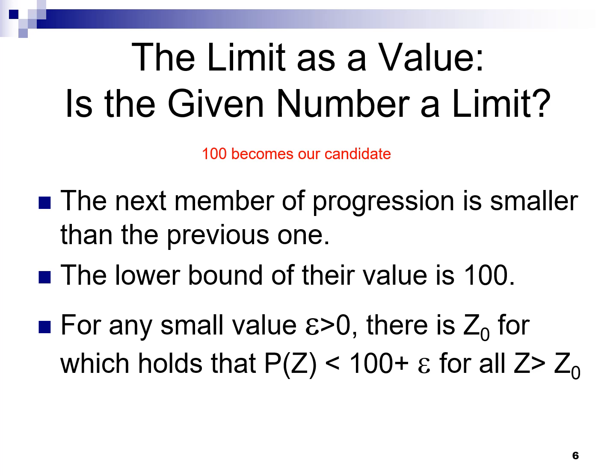And finally, because we would like to go closer and closer to 100, we have to define or find out that for any small number epsilon, which is greater than 0, there is a z0 for which the inequality p(z) is less than 100 plus epsilon holds.